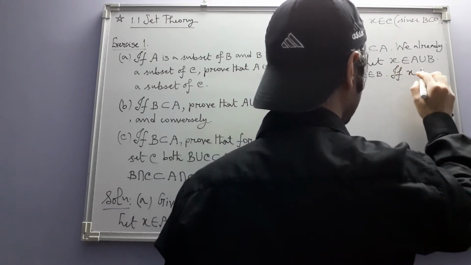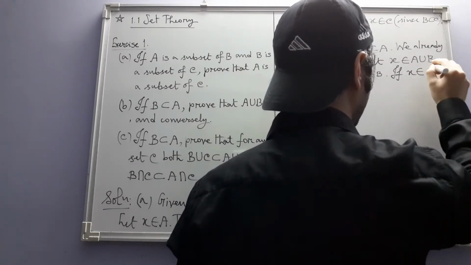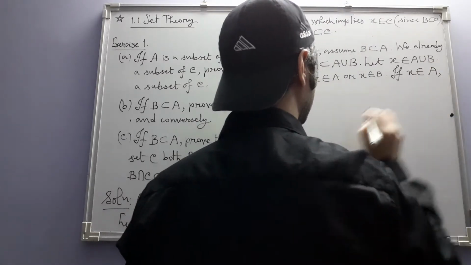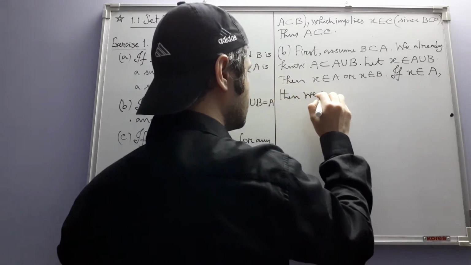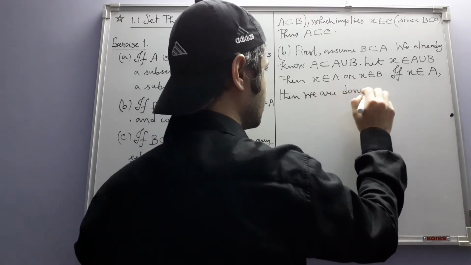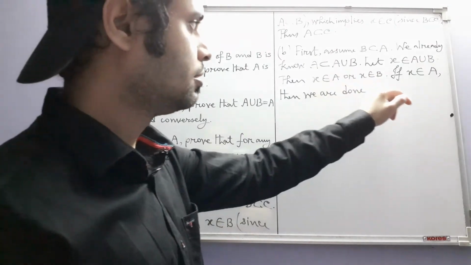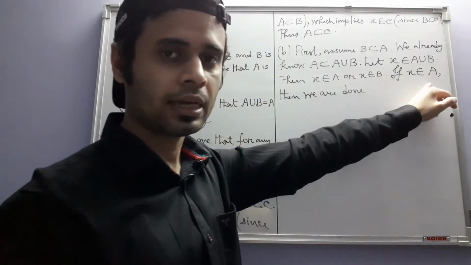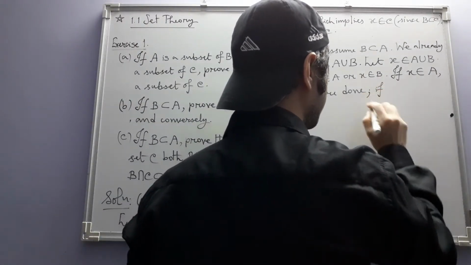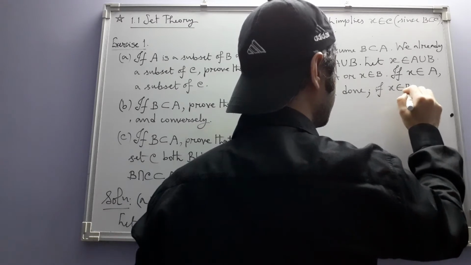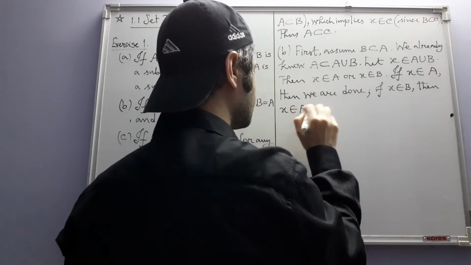If x belongs to A, then we are done. We are supposed to show that this is a subset of A, so if our element is already in A, then we are done. If however x belongs to B, then also x belongs to A. Why?